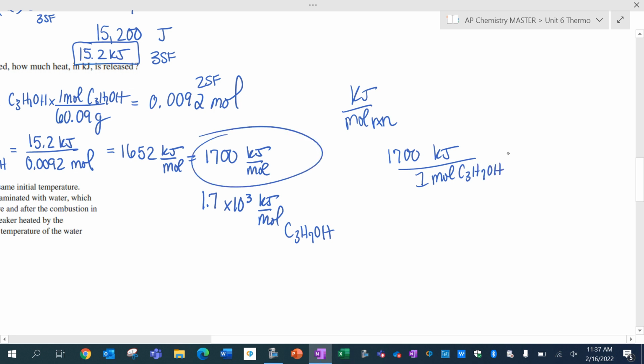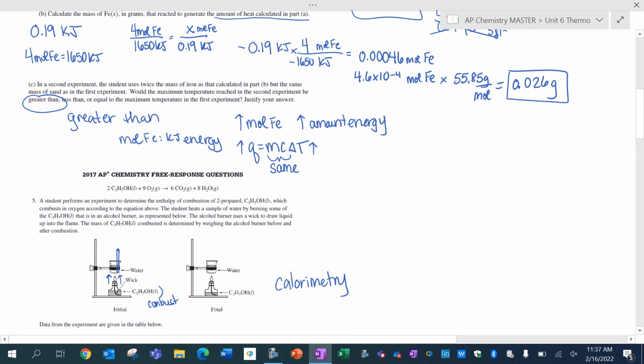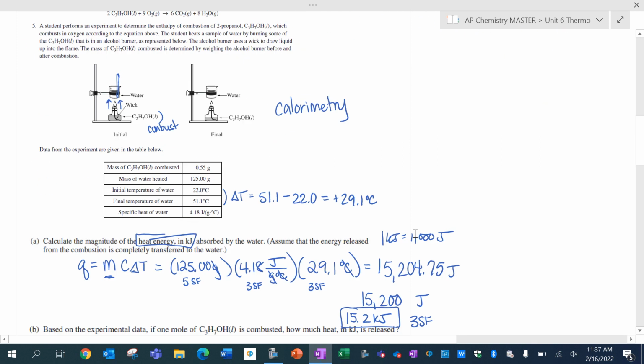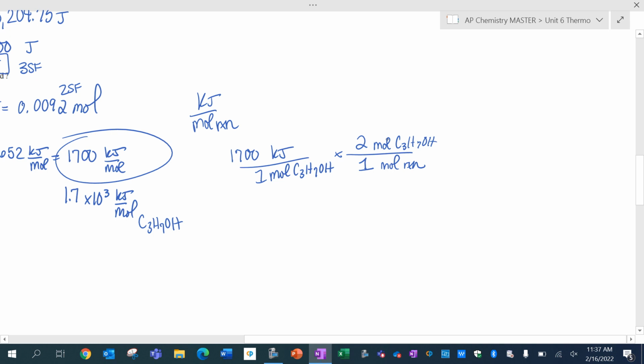And then I would need to convert from moles of propanol to moles of reaction. Let's scroll up and look again. For every 1 reaction, 2 propanols are combusted. So it's a 1-to-2 ratio here. There's 2 moles of propanol for every 1 mole reaction. So to find the energy per mole reaction, I'd actually multiply this by 2.